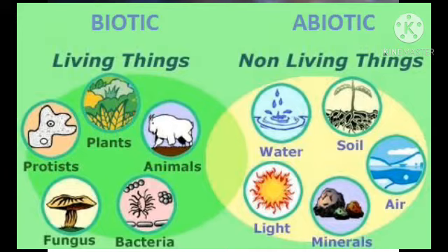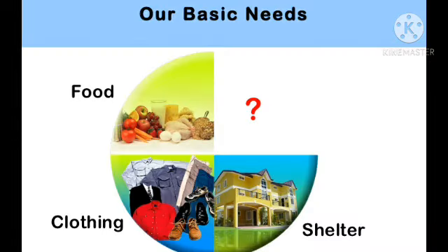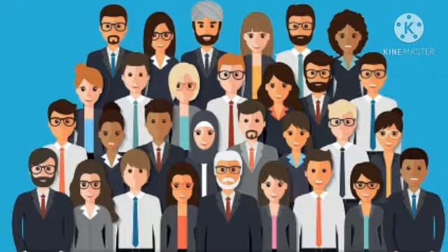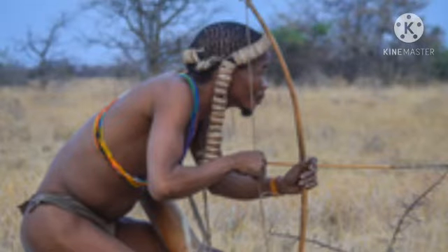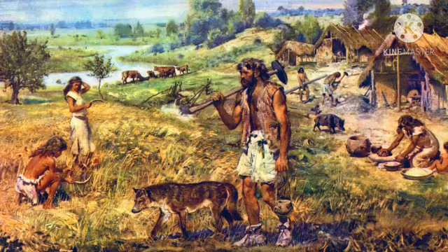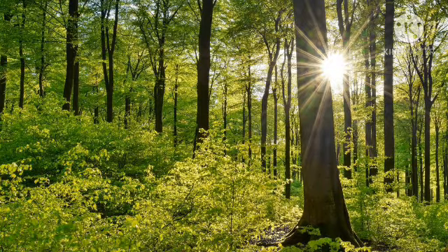The basic needs of human beings are food, clothing, and shelter. Human beings gather the resources with the primary activities such as hunting, fishing, food gathering, and forestry.